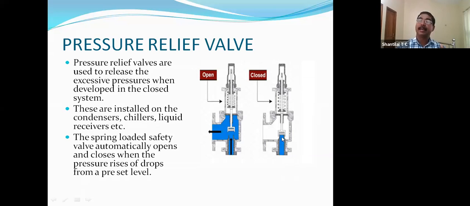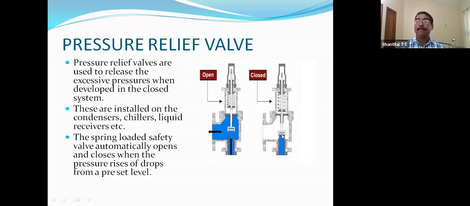If it is normal pressure, the spring-loaded disc will be closed. If pressure exceeds the limit, what happens? The spring will contract and the disc will open, and excess pressure goes outside or is taken back to the suction side. This is the opening and closing of the pressure relief valve. With the help of the spring-loaded disc, it is controlling.